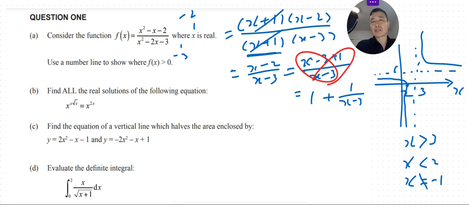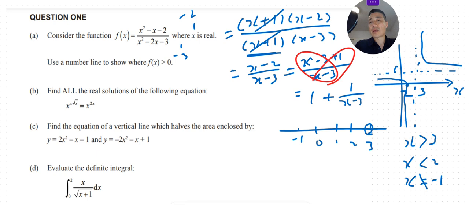Okay, so if I draw this number line, say this is -1, 0, 1, 2, 3. Now x should be greater than 3, so I'm going to circle 3.